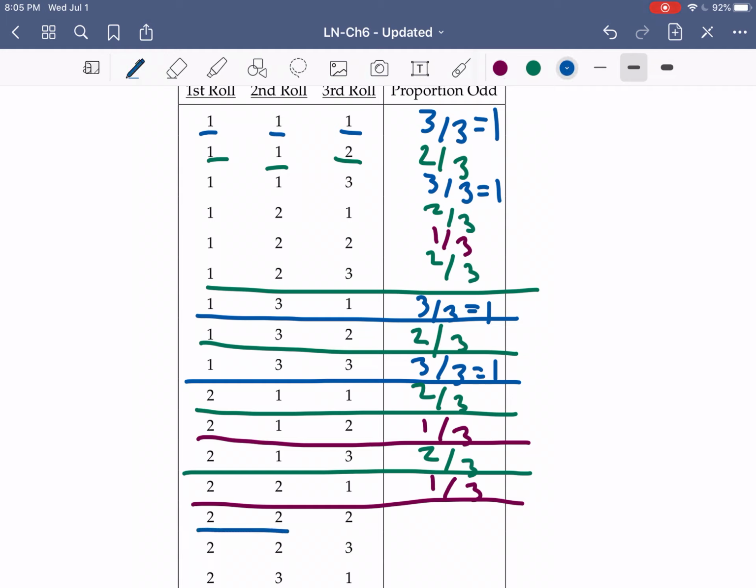Ooh, and then we get something interesting happening. 0 out of the 3 rolls is odd. So 0.